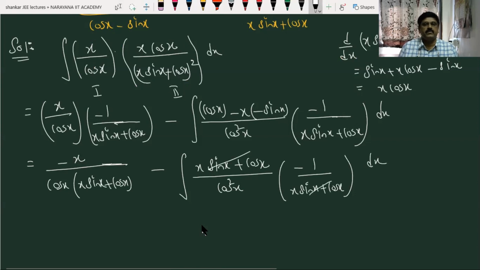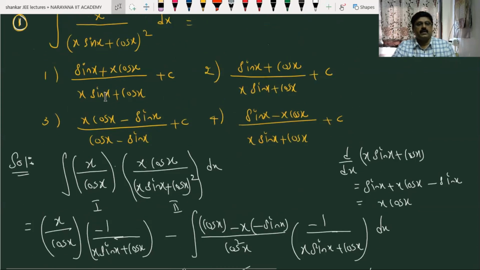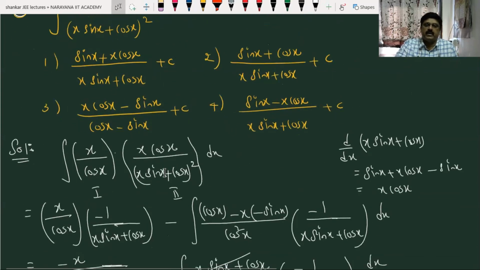This will be cancelled out. Then you will be left with minus x upon cos x of (x sin x plus cos x), minus into minus plus, integral 1 upon cos square x means integral secant square x. Straight away I can write tan x plus c. Students, that particular value I have got. Later, simplification is my task because they gave all options in terms of sine and cos only.